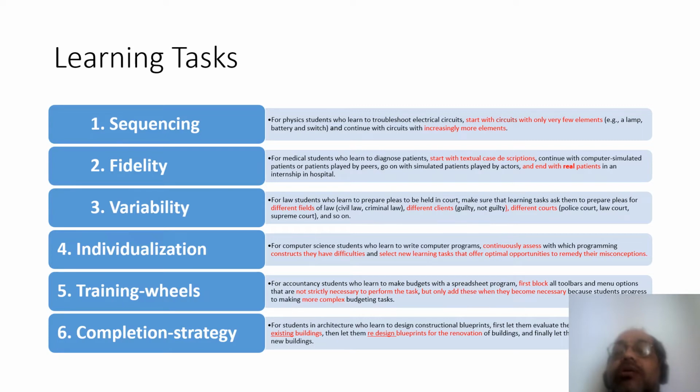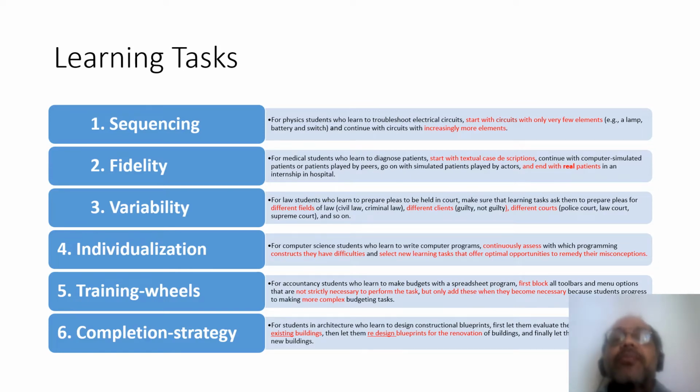You start with circuits which only have a very few elements, for example just a lamp, battery and a switch, and then you continue with circuits that increasingly have more elements. In other words, you make the task more and more complex by adding things to the basic model as you go along. And in that way, they are trying not to cognitively overload your student by adding elements as you go along.